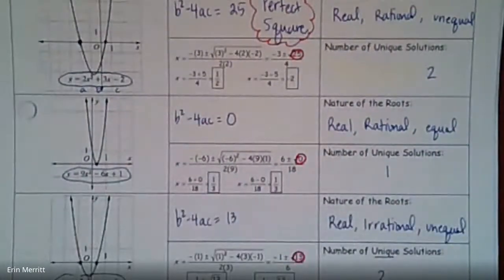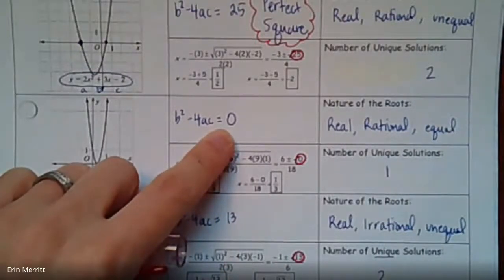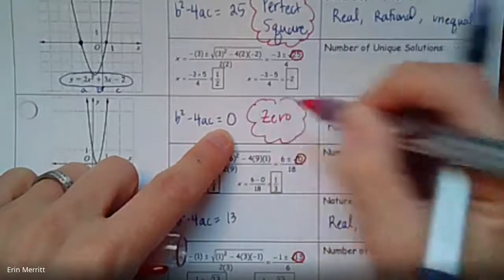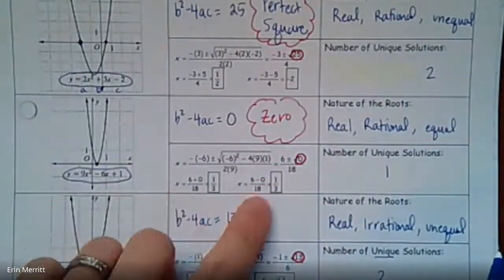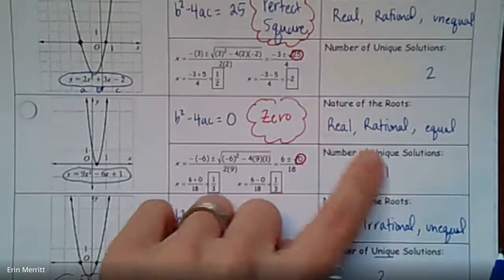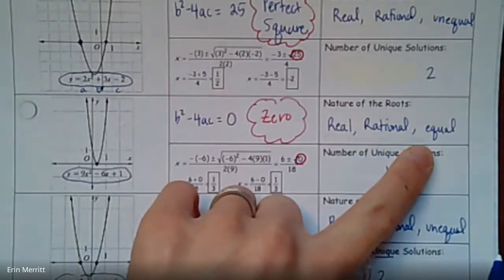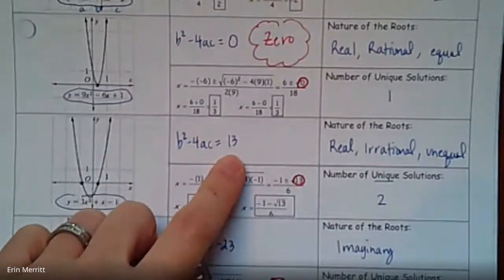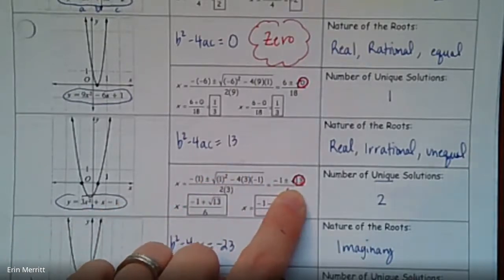All right, in the second case, 0 is its own special case unto itself. When it comes out to be 0, yeah, you can take the square root of it, but more importantly, you end up with the same answer twice. So it comes out real, rational, but you get two equal answers. All right, the third case, nothing really super important here other than the fact that it's positive and it's not a perfect square, which meant we couldn't simplify it completely.